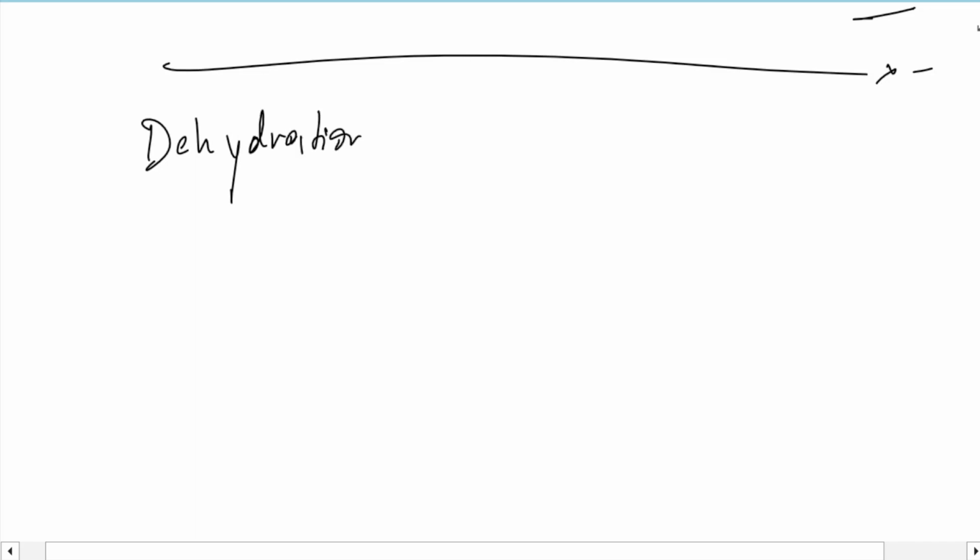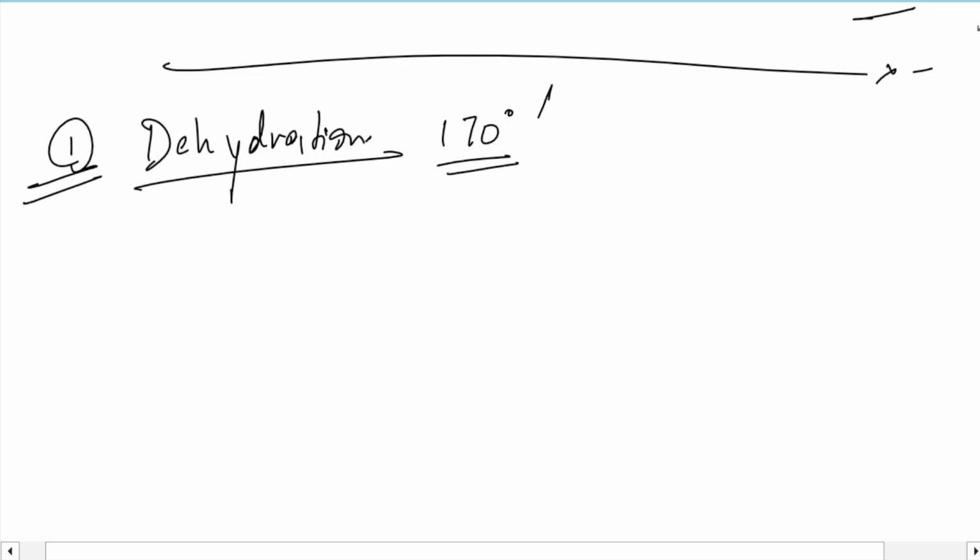Next, what we can do is dehydration of alcohols, which will yield alkene. Dehydration can be of two types: intramolecular or intermolecular. If it's a very high temperature, that's 170 degrees Celsius, the dehydration is intramolecular.